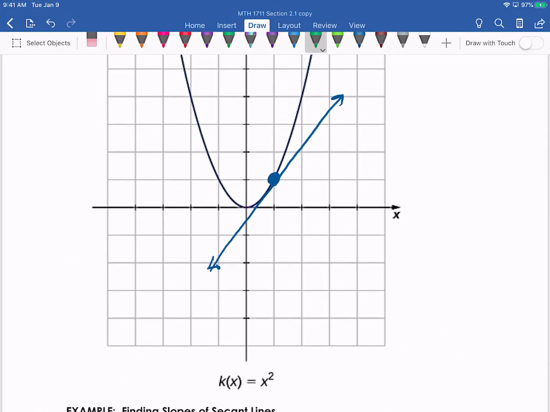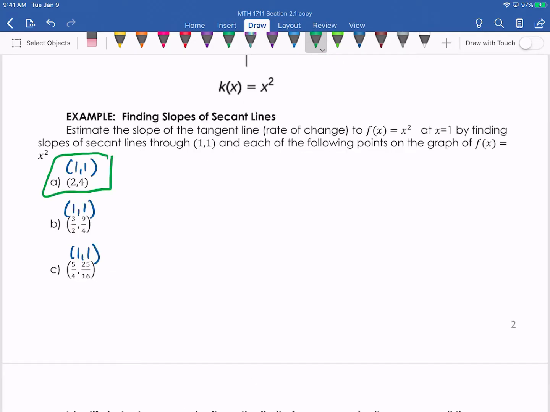So I'm going to go over 2, up 4. So here's the slope of the line that we're going to find for part A. Okay, so when I find the slope of the line for part A, I'm going to take the change in my y's, which is 4 minus 1, over the change in my x's, which is 2 minus 1, and that's going to give me 3.